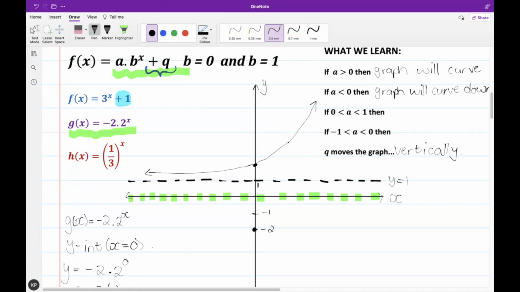A is negative, which means what? Which means what, guys? It curves down. So it starts off there and it goes that way. It's not the best graph, but it's a curve. You guys get the point. Nice, Palisa. Thank you.